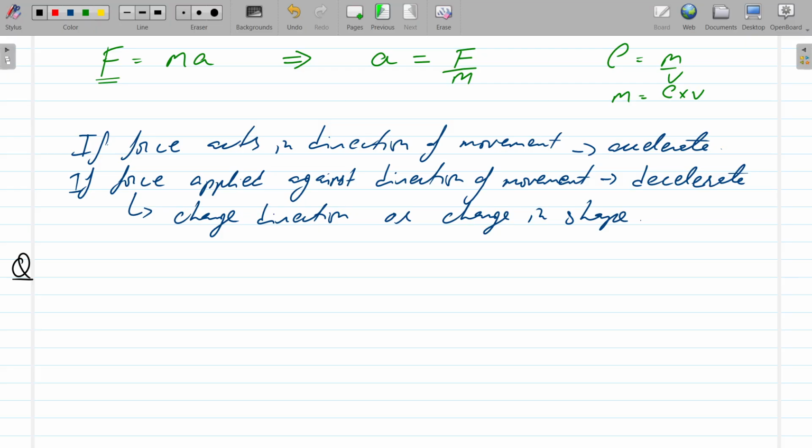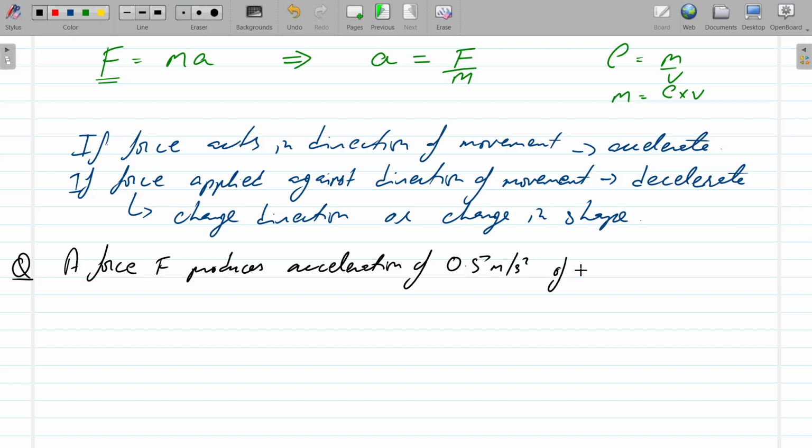So what they're saying, first of all, is a force F produces constant acceleration in a straight line of 0.5 meter per second square, on a mass of 7 kilograms.